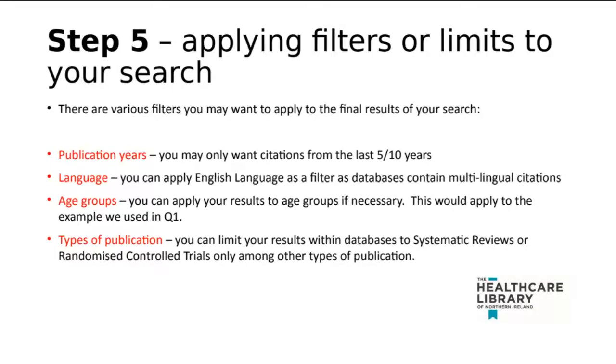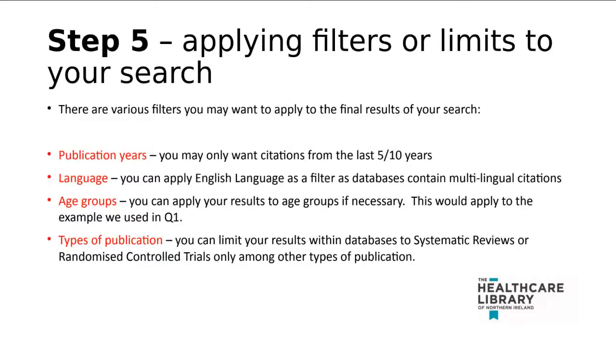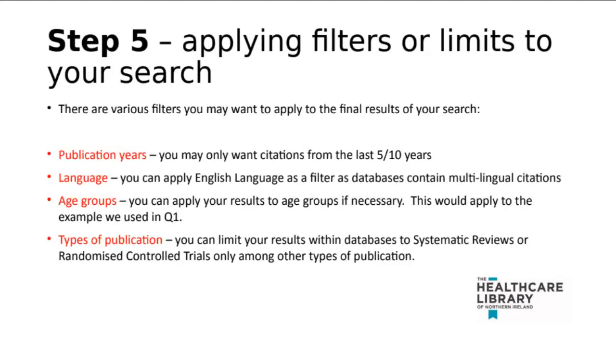Age groups. You can apply your results to age groups if necessary. This would apply to the example we used in question 1. And types of publication. You can limit your results within databases to systematic reviews or randomized controlled trials only, among other types of publication.